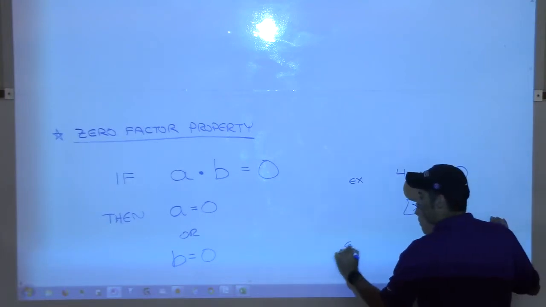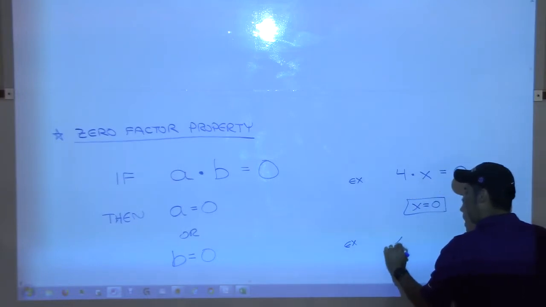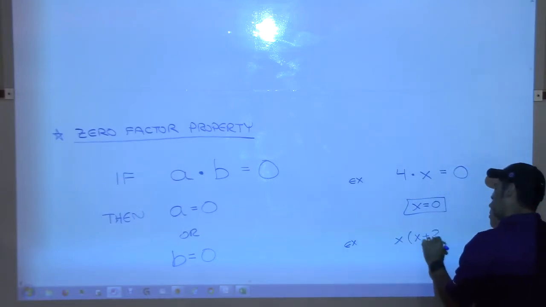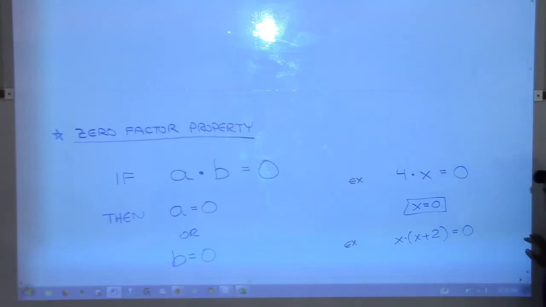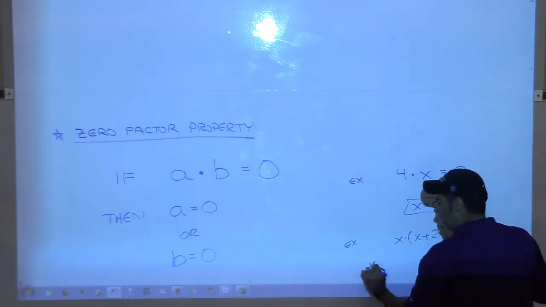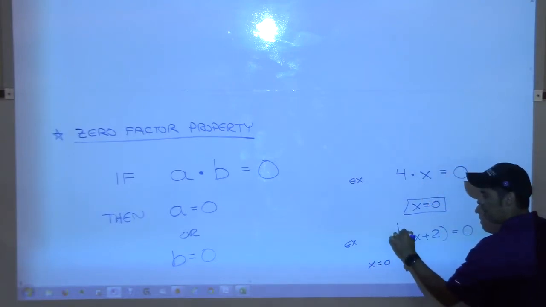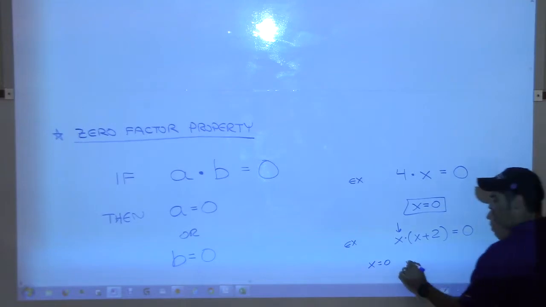Okay, look at this example. What if I tell you that x times (x plus 2) equals 0? So that's multiplication right there, isn't it? What if I tell you something times something equals 0? What can you tell me? Either x is equal to 0, either this one right here is equal to 0, right? Or what?